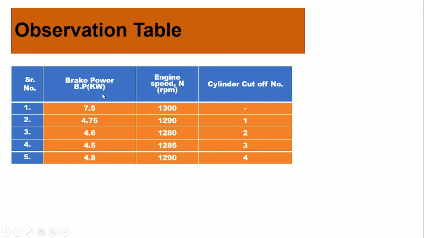When the second cylinder is cut off, the brake power is 4.6 kilowatt and the engine speed is 1280 rpm. When the third cylinder is cut off, brake power is 4.5 kilowatt and the engine speed is 1285 rpm. And with the fourth cylinder off, we have 4.8 brake power and 1290 engine speed. So here we are obtaining a nearly constant rpm.